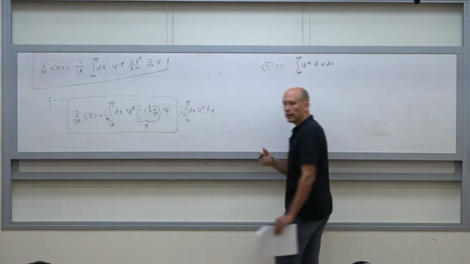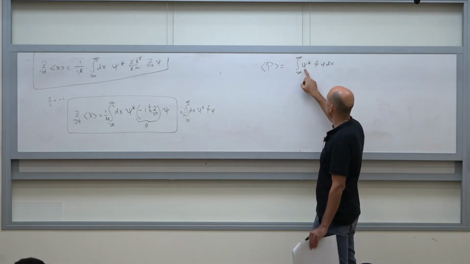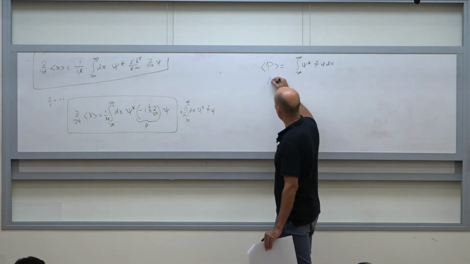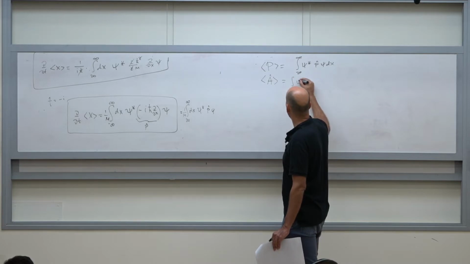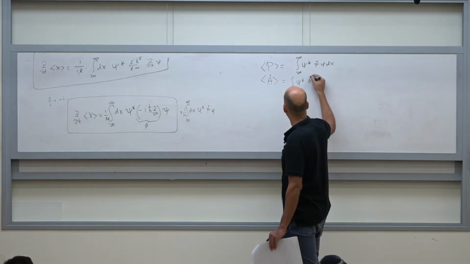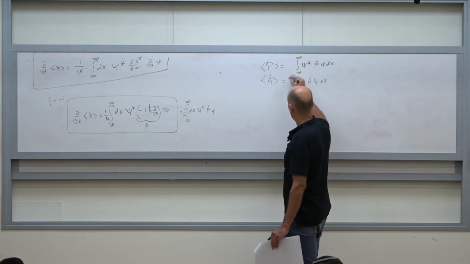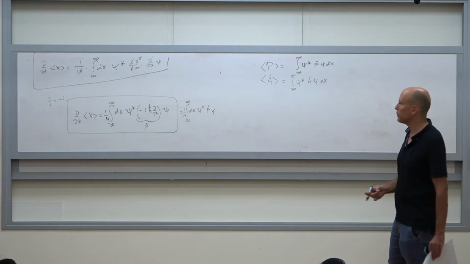And this is why at the beginning of the previous lesson I wrote the average of x as psi star x psi, because for every operator A, the average is given by the integral of psi star A psi dx, at least in this representation where the wave function is written in position space.